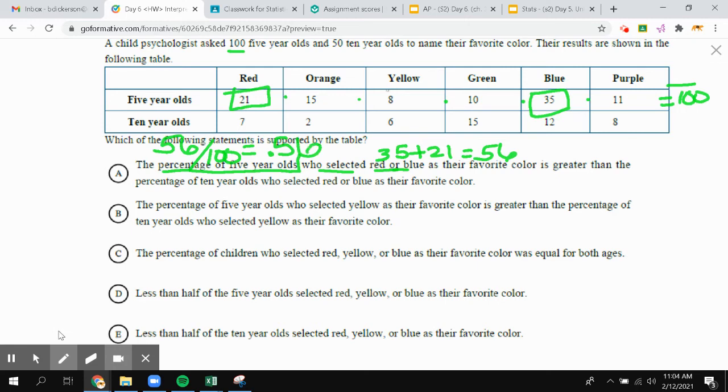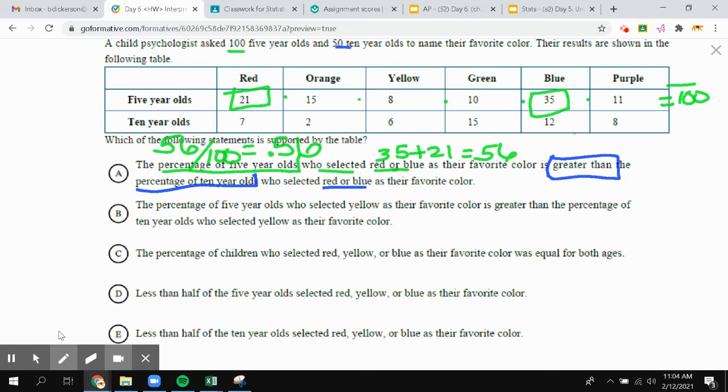Okay, so that's important. Let's take a look at what we're comparing it to, because we want to know if this number is greater than the other group. So let's take a look at what we're looking at in the other group. Greater than the percentage of 10-year-olds. Okay, so we're looking at out of 10-year-olds who selected red or blue. If we look at the 10-year-old group, they told us that there were 50.